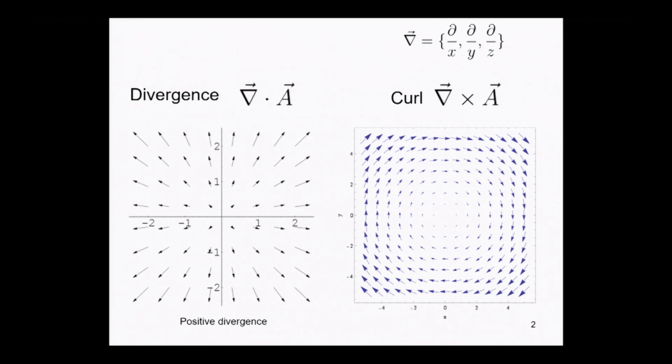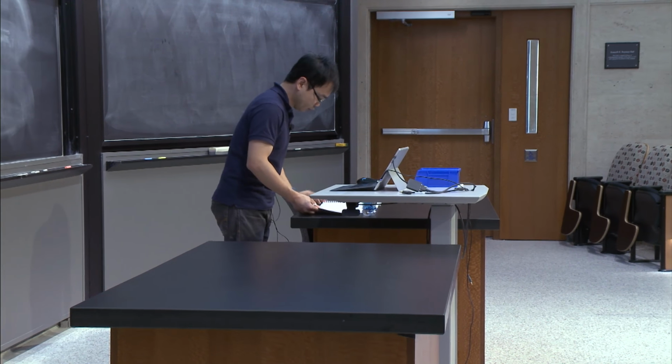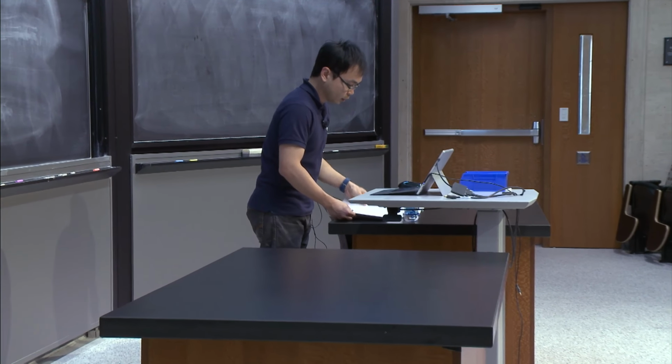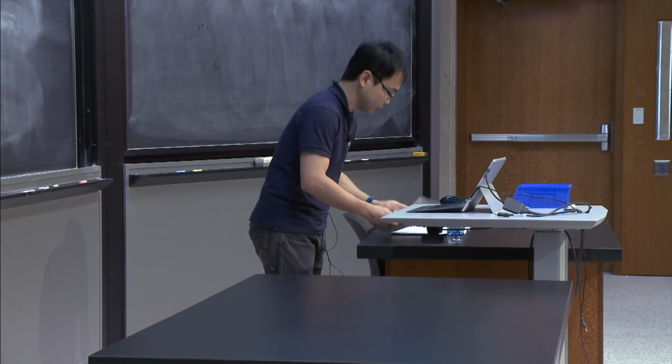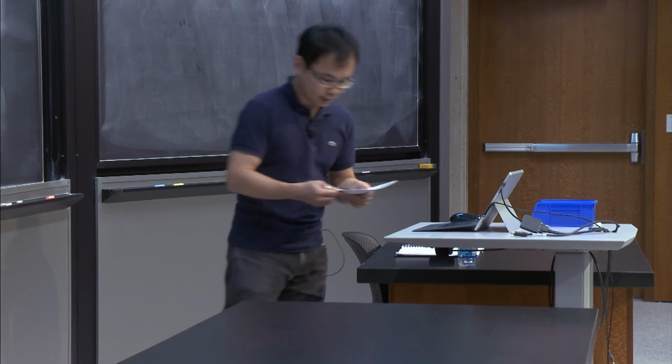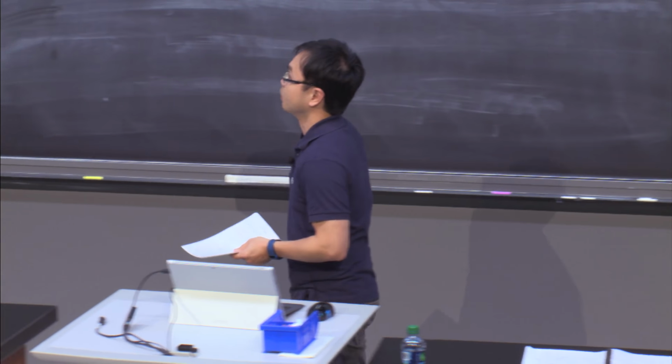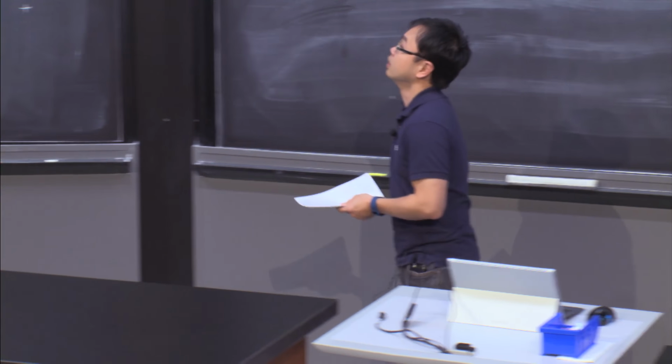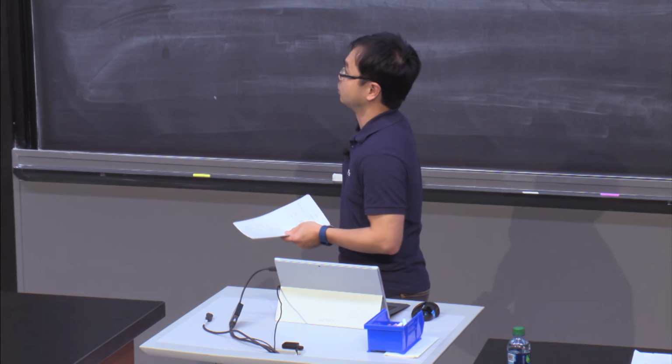Therefore, if we evaluate the curl, you will get a non-zero value. Okay, so that's actually the physics intuition, or say the mathematics intuition, which we can get from the discussion before the Maxwell equations.